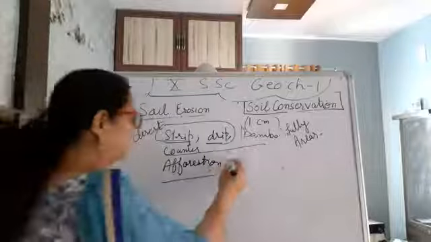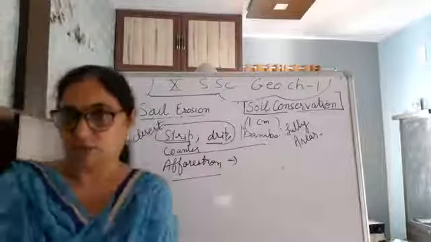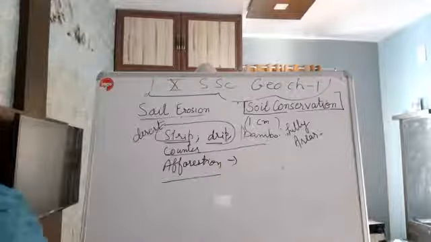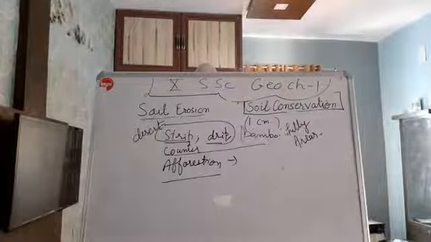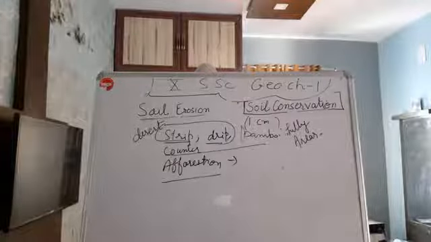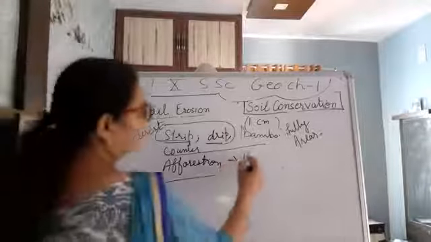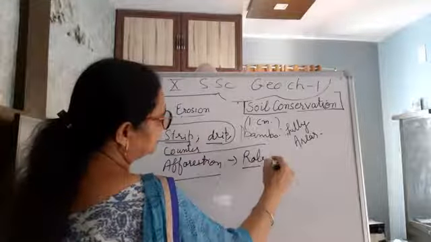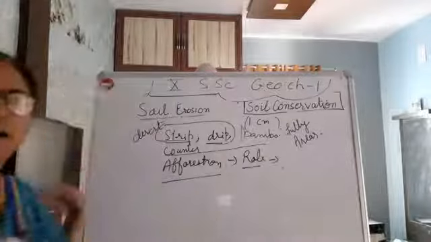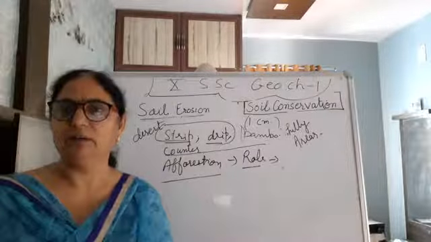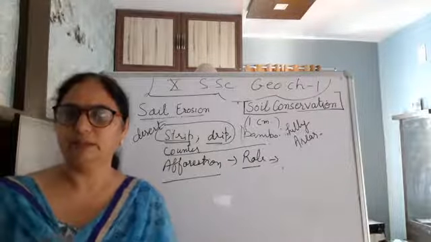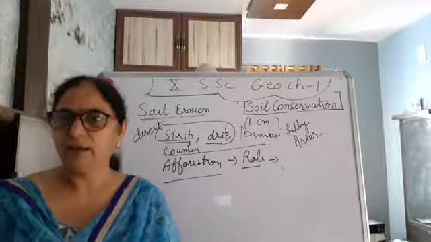And to avoid deforestation, afforestation means to grow more and more number of trees. That is also, in another way, the role of community. The role of communities is there. Like you have heard the story of Alwar district, the Bishnoi community. They saved trees, related to the Chipko movement, right?